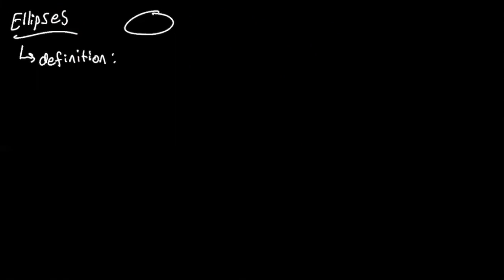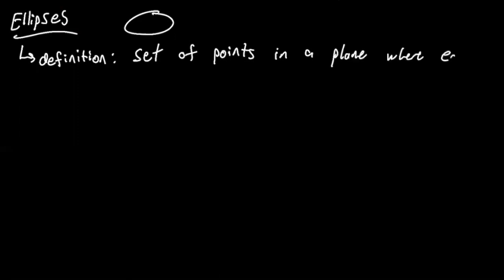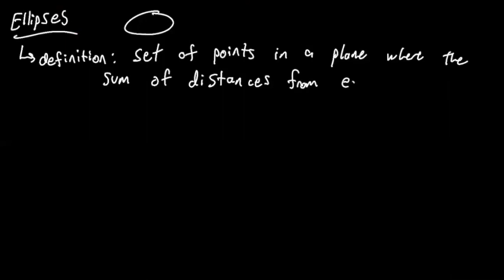So our geometric definition for an ellipse is the set of points, again, in a plane where each point, where the sum of the distances from each point to each focus.